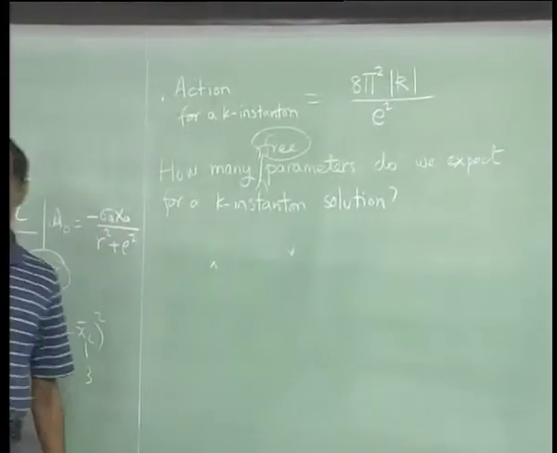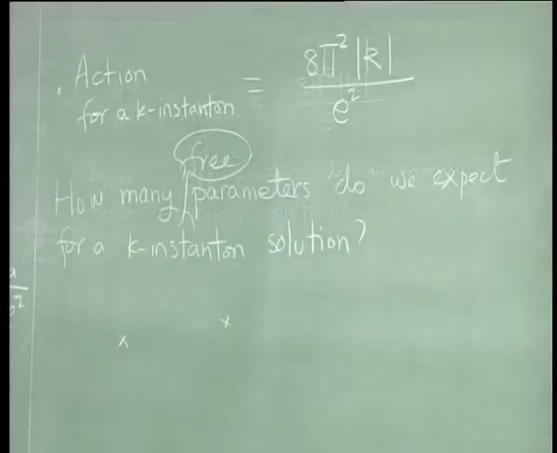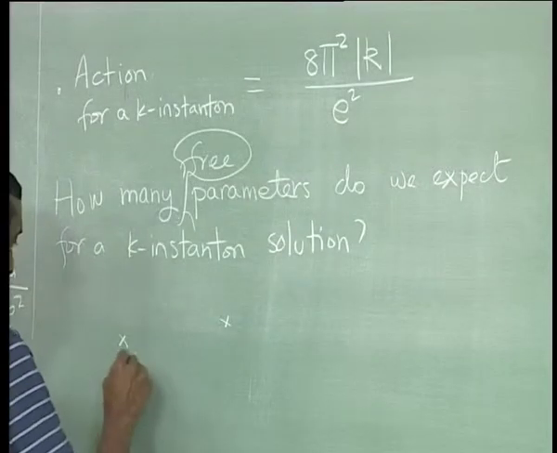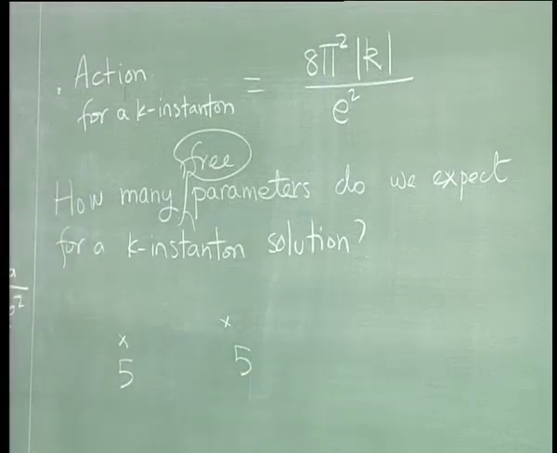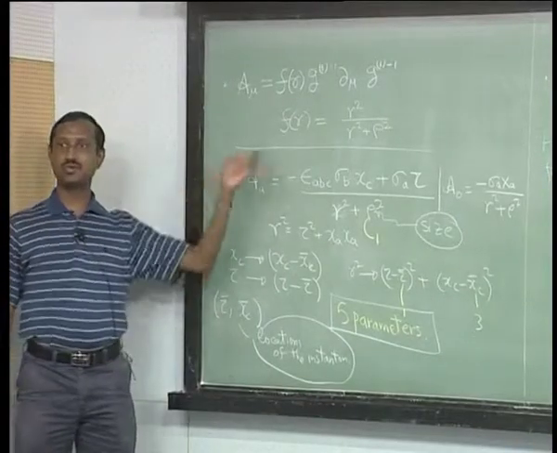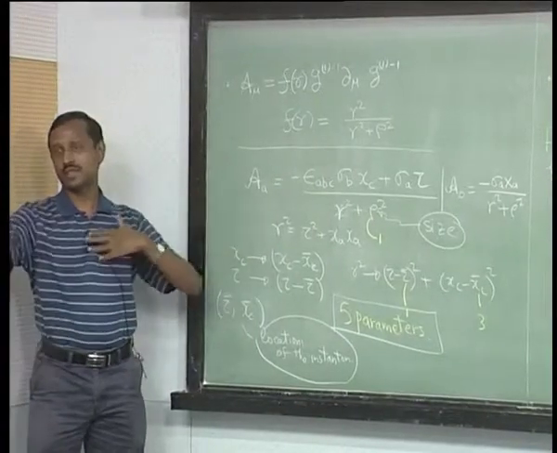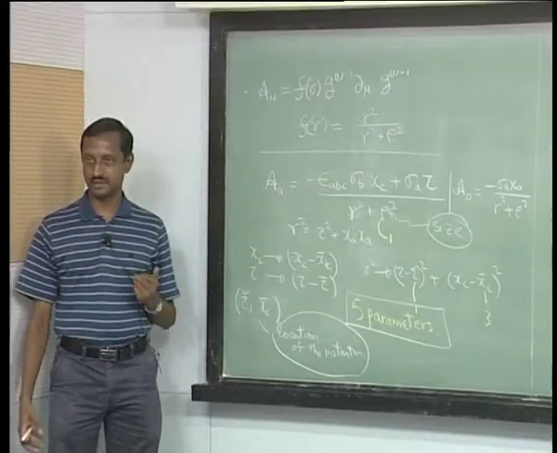I said let us think of 2 instantons separated widely, and then we would have 5 parameters for this one, 5 for this one, but the key point is that there is always a global SU2 transformation. I can act on this by an SU2 transformation and I will get something else. So that is 3 more parameters.